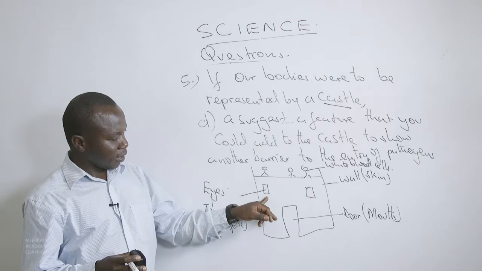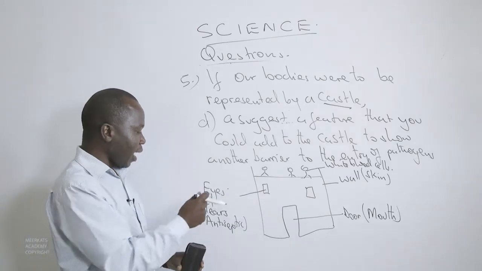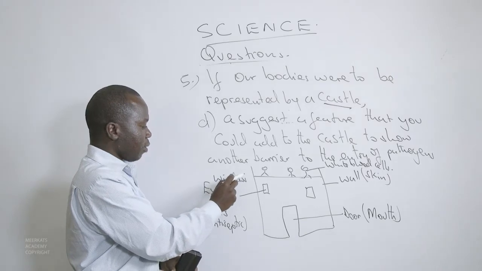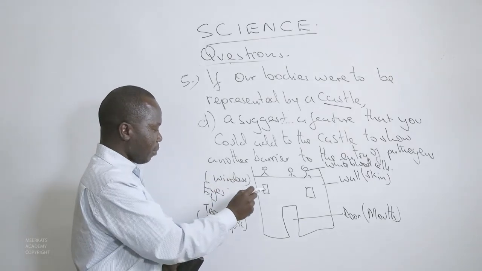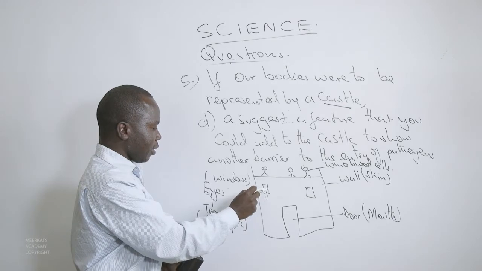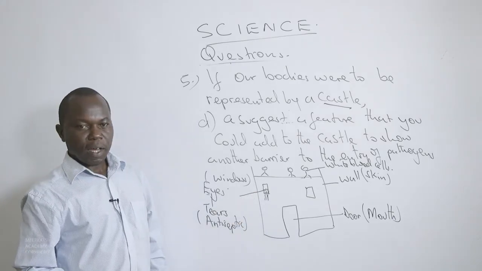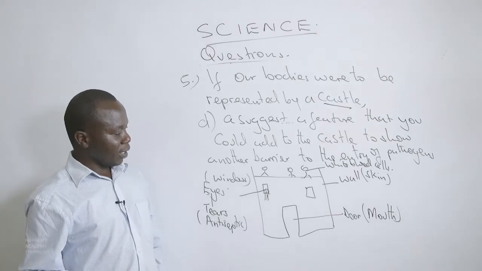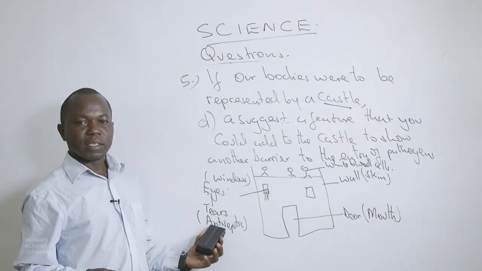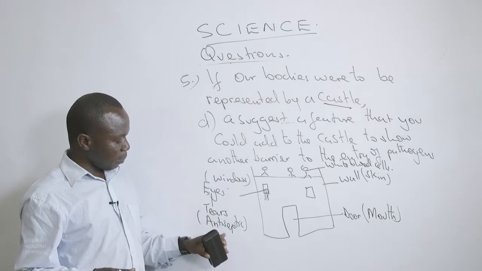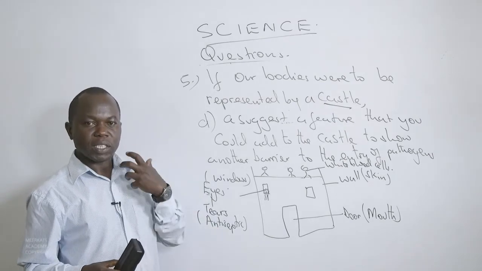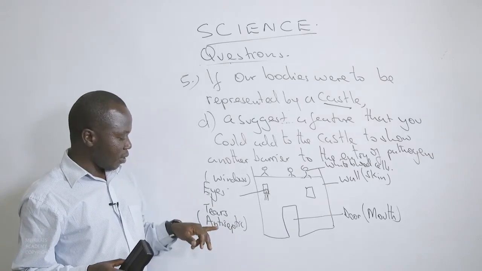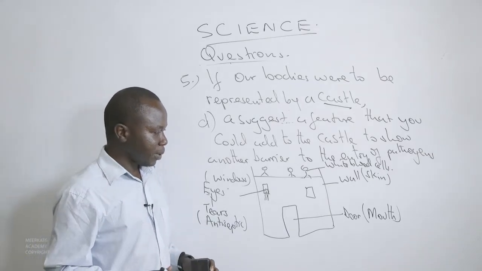So on this castle, the windows are here, equivalent of the eyes, but now we can add a structure to show that tears are flowing out. Tears are also antiseptic, so that if bacteria or pathogens are to get into the system through the eyes, they find tears there which are antiseptic.